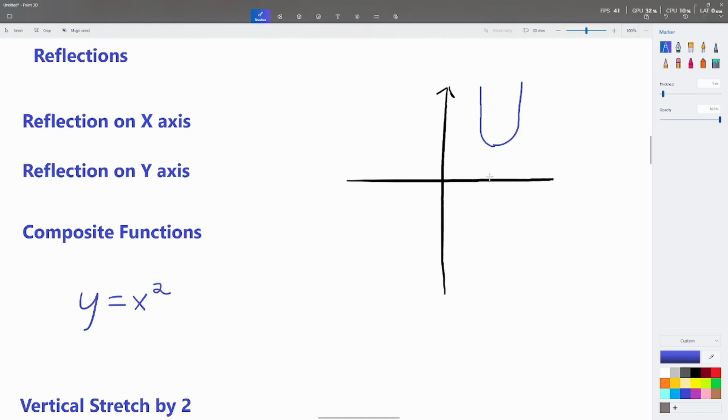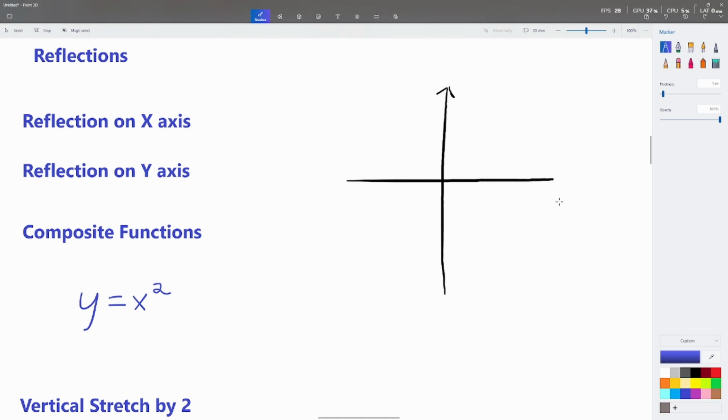So obviously there are two types of reflections for your graphs. The first one would be the reflection on the x-axis, meaning that all the points are the same distance, however just on the other side. And reflection on the y-axis would mean something like this.